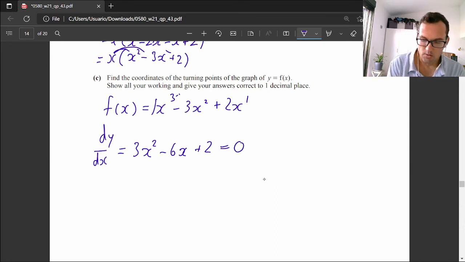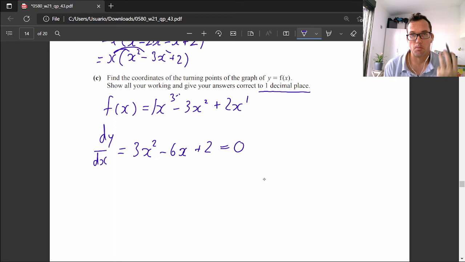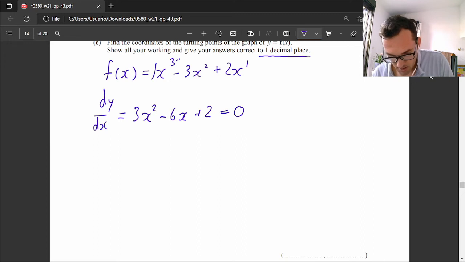And now we need to solve this. The fact that they told us to write the answer correct to 1 decimal place tells me that this is going to be impossible to factorize. So to solve this, we're going to use the quadratic formula. So let's do that. Okay, so remember, in this equation, a equals 3, b equals minus 6, and c equals 2.